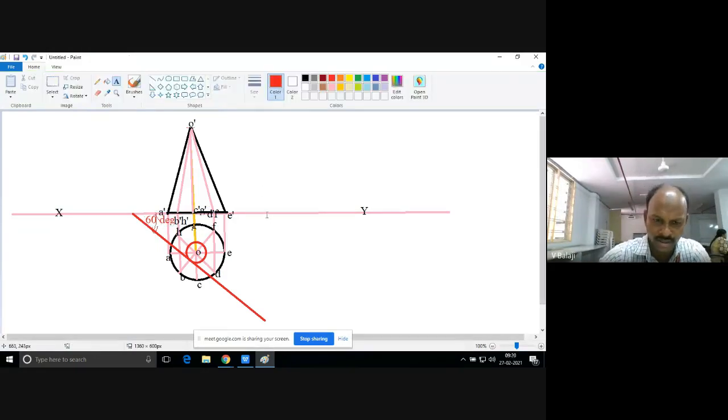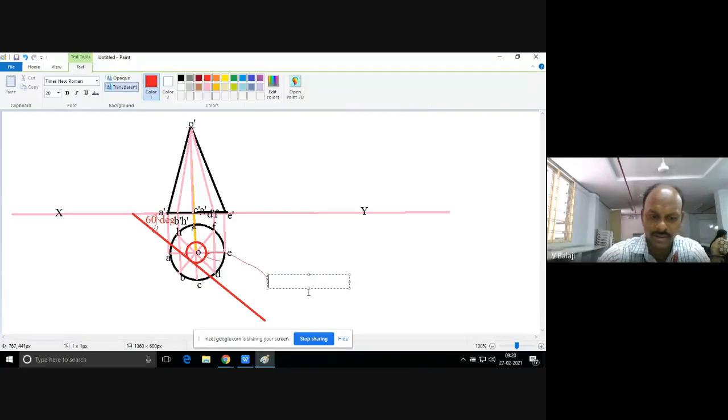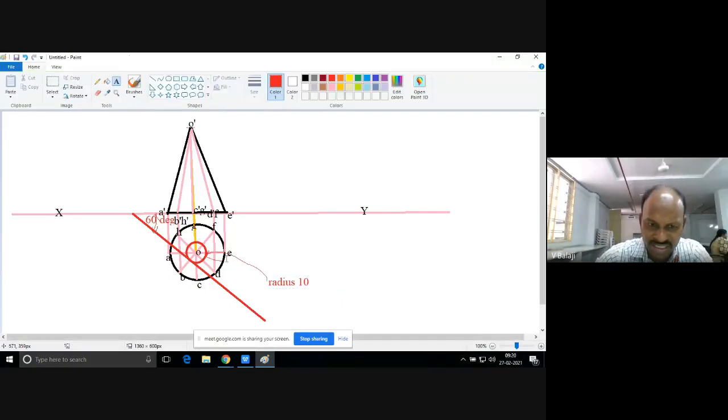And this is the small circle. What is the diameter or radius? 10. Now tell me, is this cutting line 10 mm away from the center axis or not?